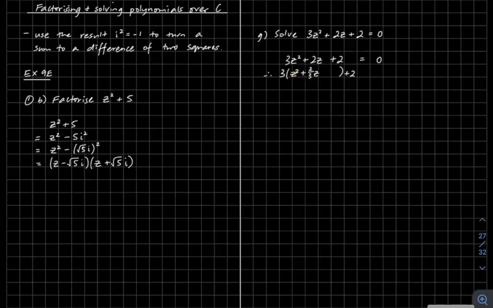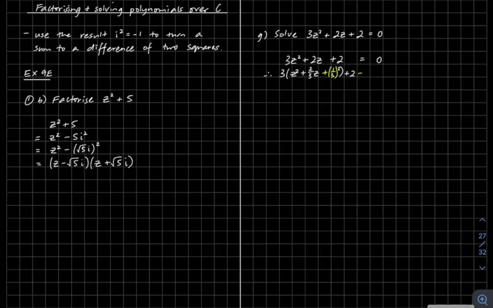I've got a z squared plus a 2/3 z, and the thing that I would need to add onto that is half of this coefficient squared. Half of that would be 1/3, so I'm going to add the square of 1/3. And now I'm going to need to subtract that as well to keep my line equal to the line above.